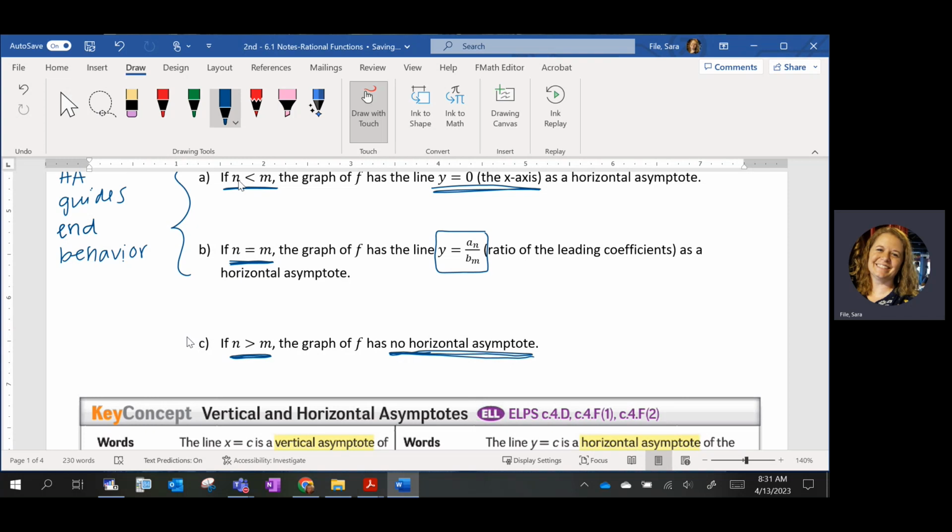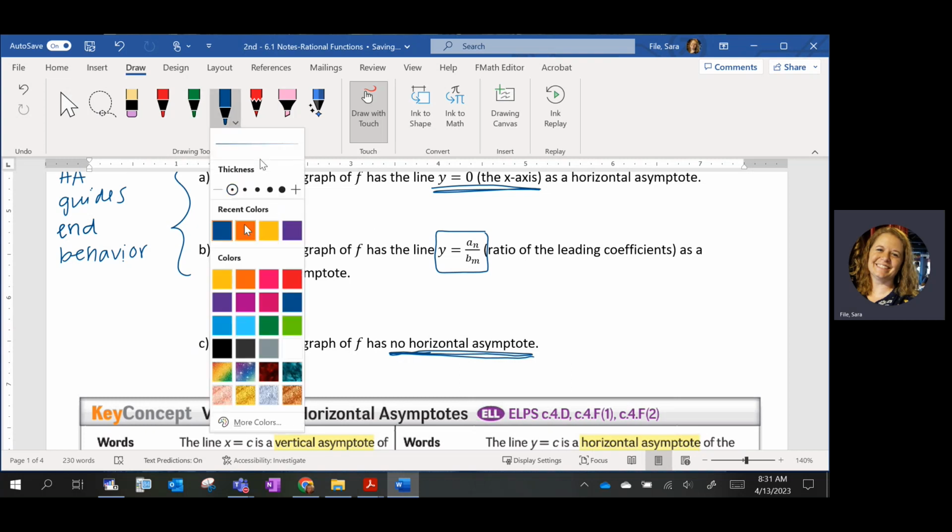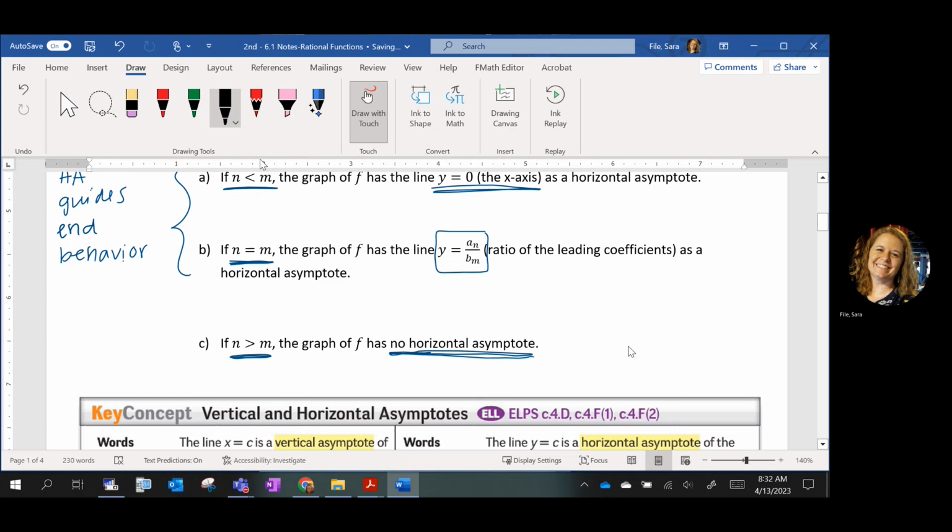So to determine the end behavior, when the degree in the numerator is bigger than the degree in the denominator, you then have to look at just those leading terms. I'm going to do an example over here. Let's say I have 3x to the 5th plus 2x squared over negative 2x squared.